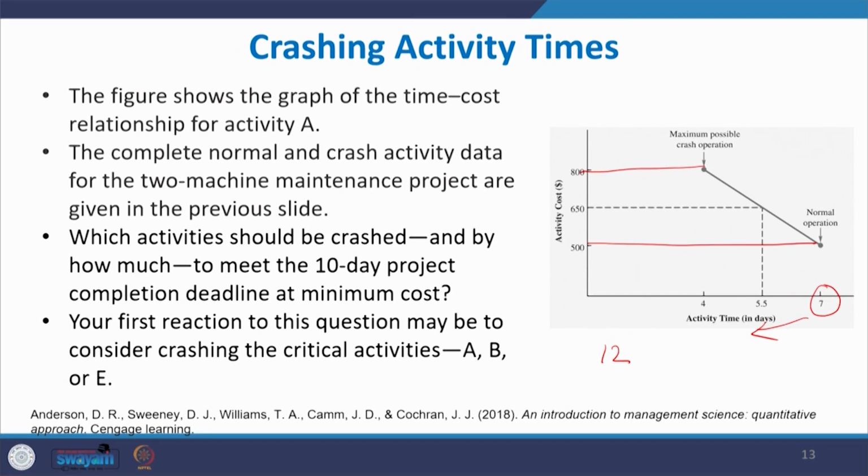So, what will be your first reaction to this question? Maybe to consider crashing critical activities. What are the critical activities? A, B, E. Because if you reduce only the critical activities, the project duration can be compressed. If you do the crashing for a non-critical activity, that is not required, because that will not affect your total project completion time.